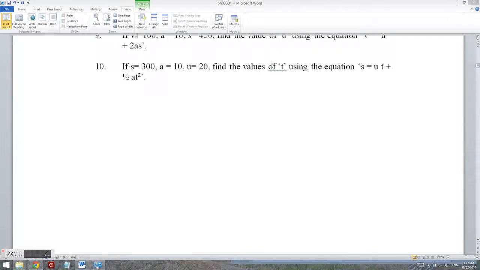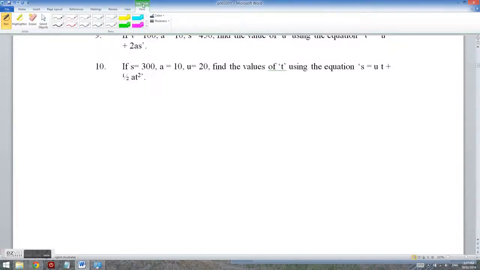Okay, let's do this question. Now for a start, let's write down the equation. Then substitute all the variables in.